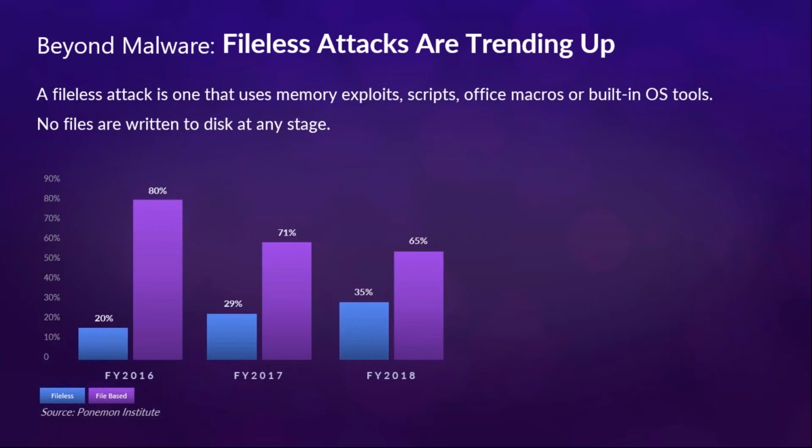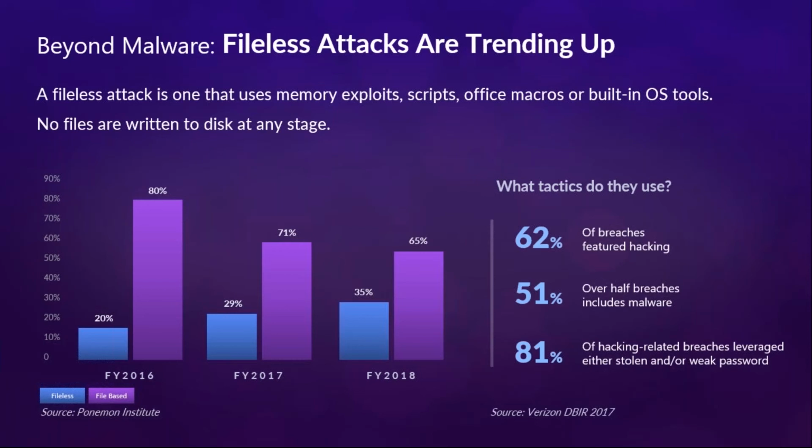And this is one of the reasons why SentinelOne was founded, to be able to protect against these types of fileless attacks, using memory exploits, scripts inside documents, macros, built-in OS tools like PowerShell and Terminal inside Mac. So there's no files that are written to disk, and everything is done solely in memory. So we need to be able to use those behavioral based and that artificial intelligence to locally mitigate against the attack.